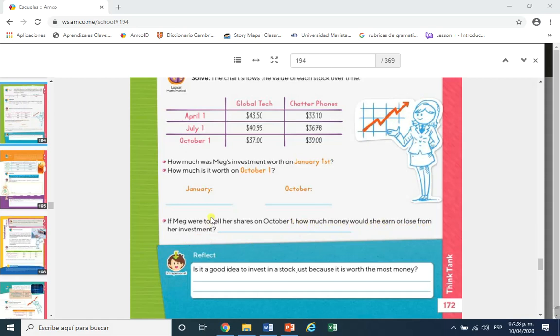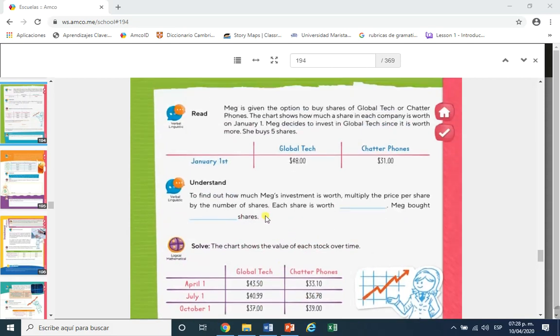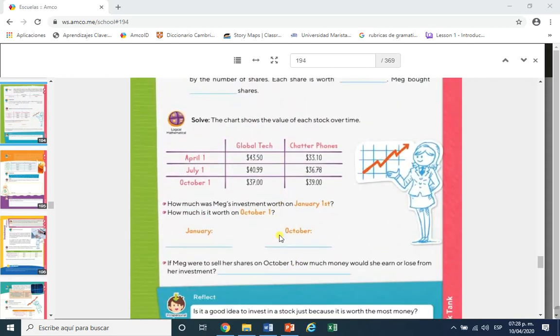Yes? Remember that we have here the dates, and in each date the prices are different. These stocks are worth different prices. So if Meg were to sell the shares that she bought here in October, how much money would she earn or lose from her investment?